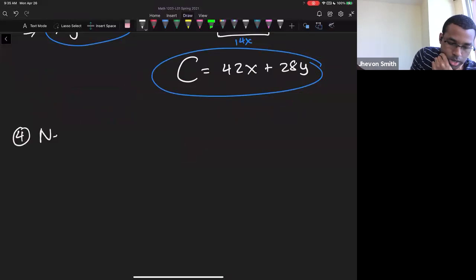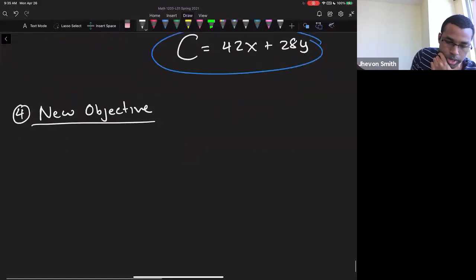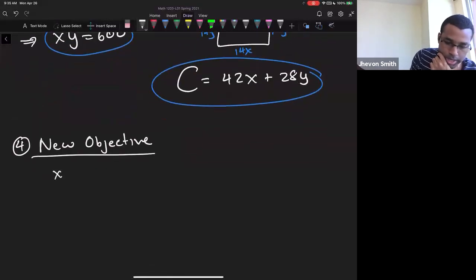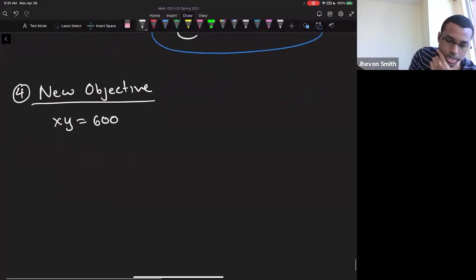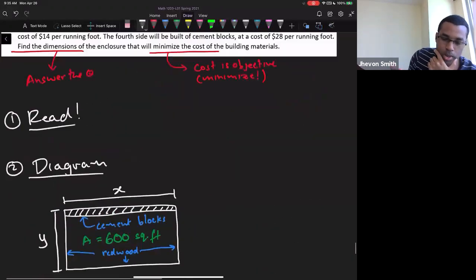Moving down to step 4, get the new objective, because that's too many variables there. I know that X times Y equals 600. Now, I would rather multiply by 28 than 42 maybe, but actually 42 is the answer to life, the universe, and everything. So I might solve for the X, but no. But you know what?